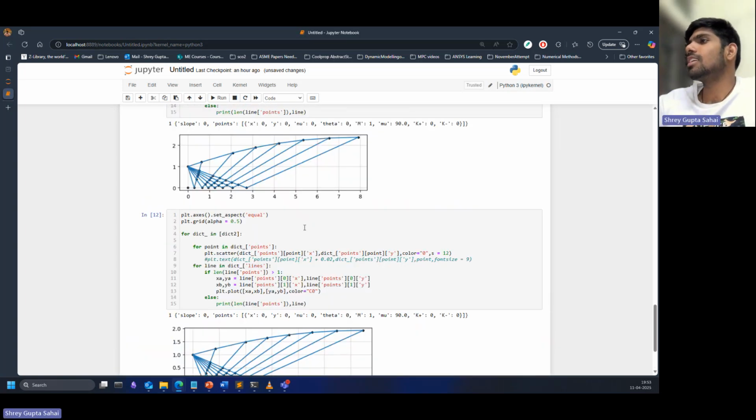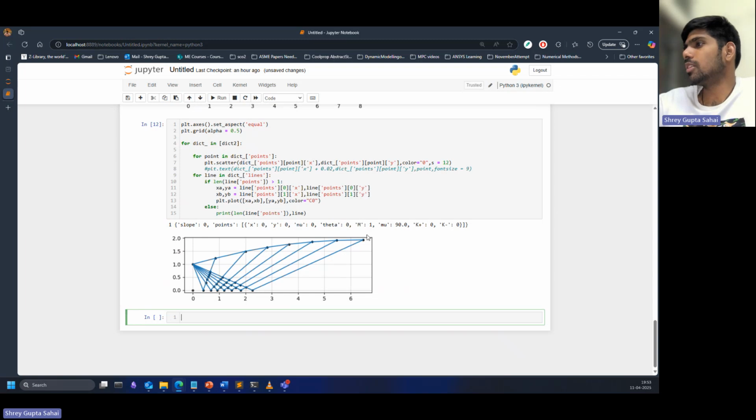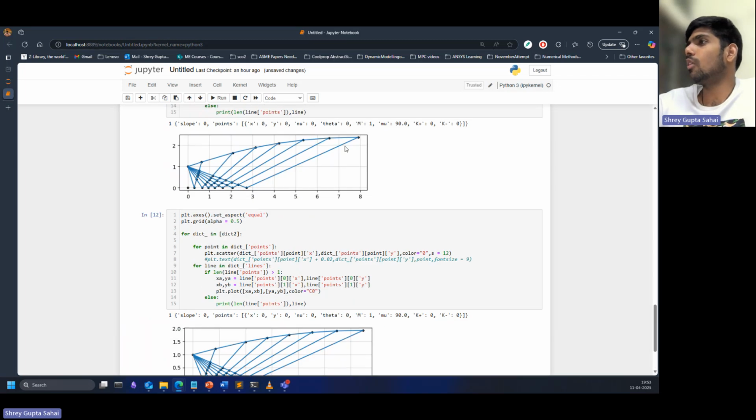One thing that we can see is that dictionary 2 has a gamma value of 0.7, so the nozzle length has decreased. And if you see, the height has also decreased. For a lower gamma, the height is increasing.